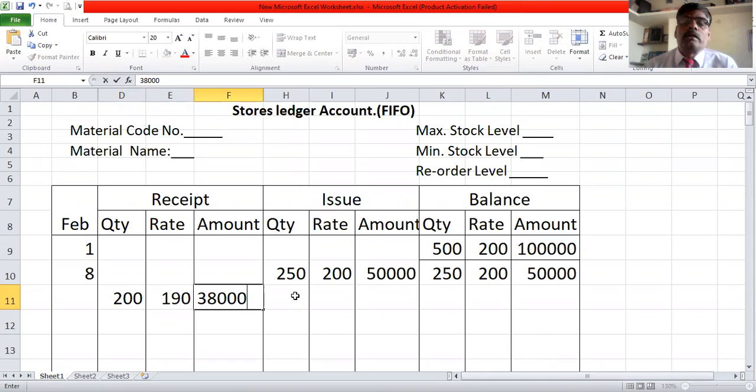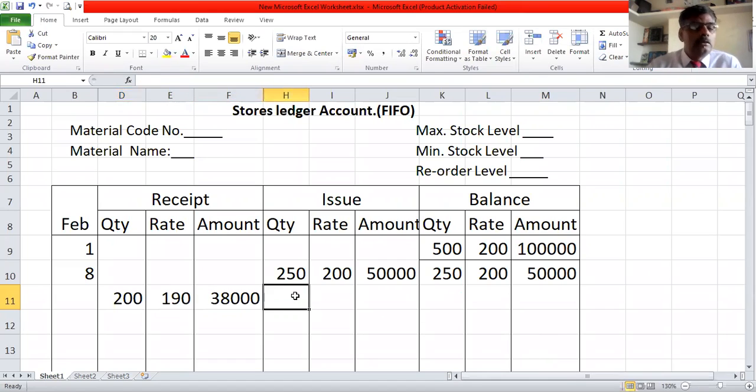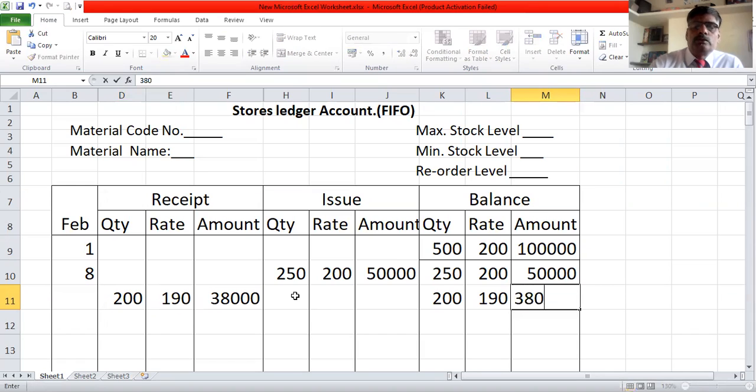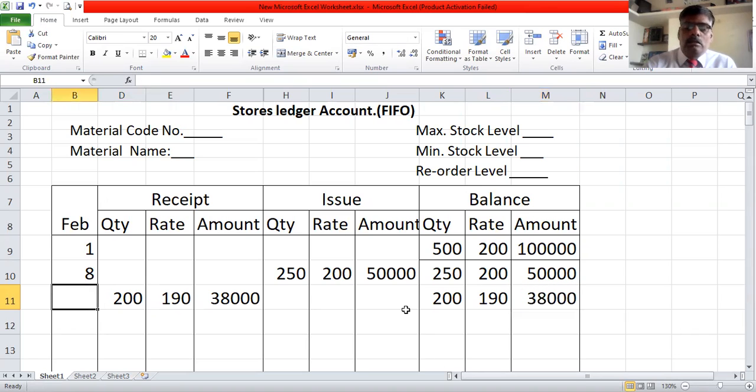If it is wrong, you write your own answer. 38,000. And go to the balance column and enter it. 200 at the rate of 190. Amount is 38,000. Date is 13. Okay.